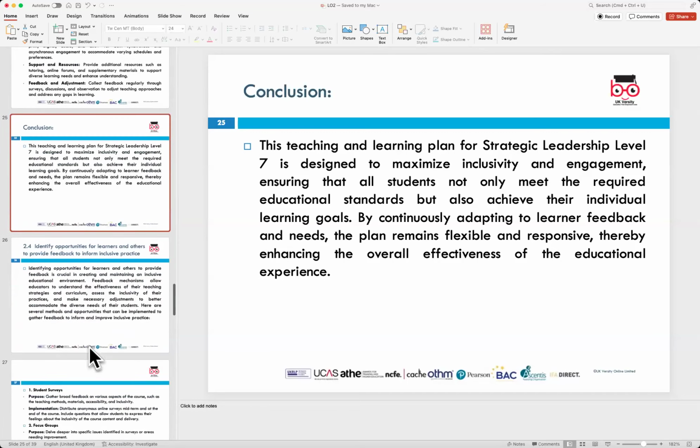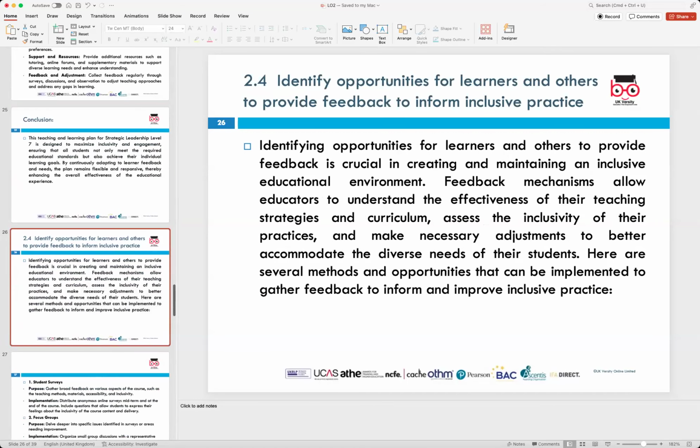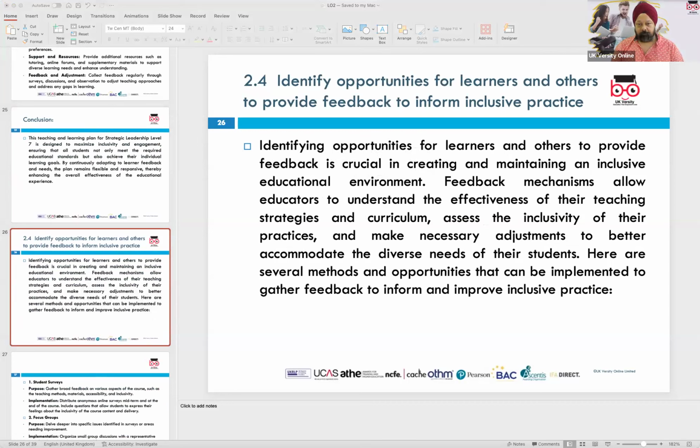Can I just ask, sorry Raman, we don't actually have ILPs at my provision; they've done away with them. What they have is an education healthcare plan, and when that gets reviewed, they have goals and targets. So could I use that information for one particular student?